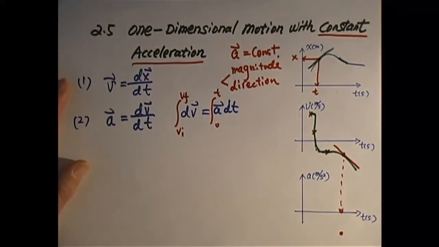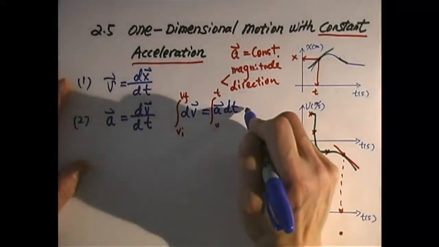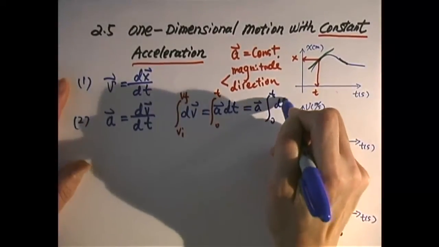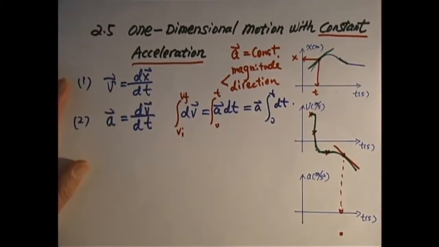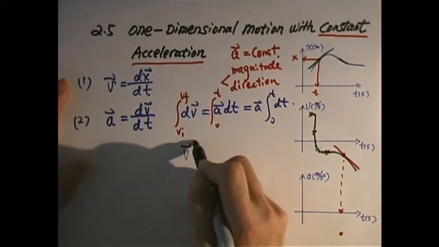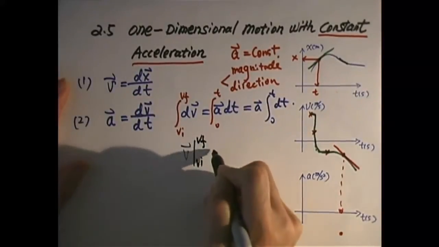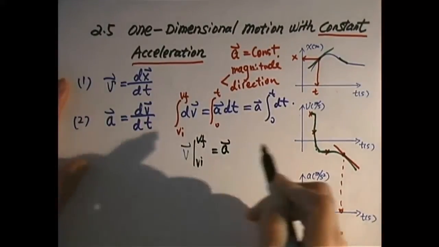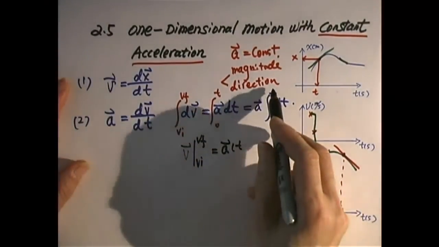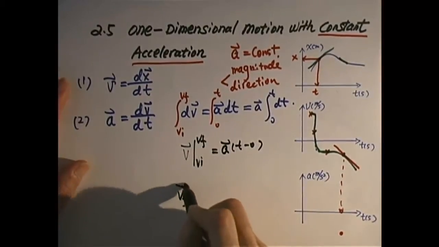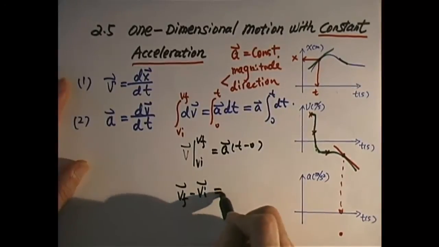If acceleration is constant, we can take a out of the integral, and we have dt. Then life will be very easy, because the dv integral will be v from v initial to v final, and the dt integral will be t minus 0, since a is a constant. This gives us v final minus v initial on the left, and a t on the right.